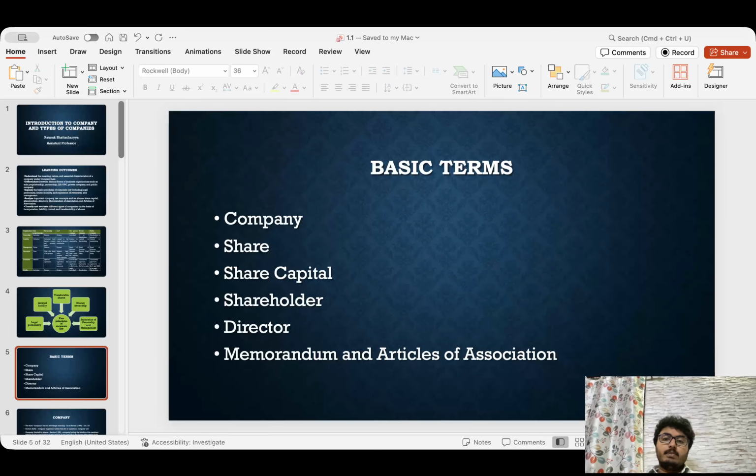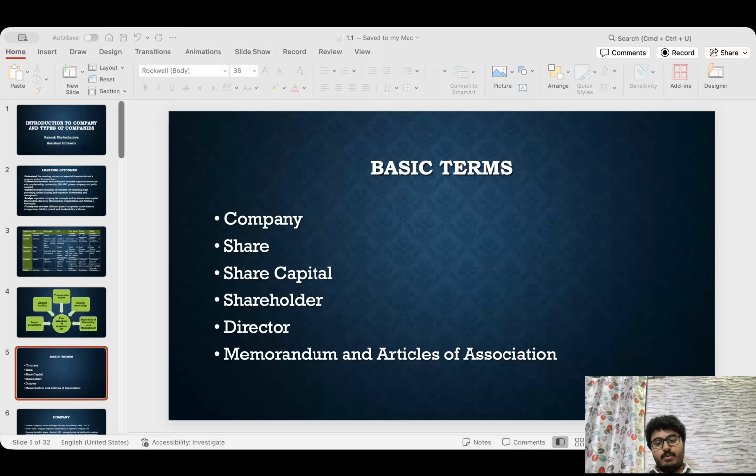Now come to the basic terminologies of the concept of companies. The first one is company, then share capital, then shareholder, then director, and then memorandum of association and the articles of association. So before moving further, let us understand and try to clear the concept of the above mentioned terms.